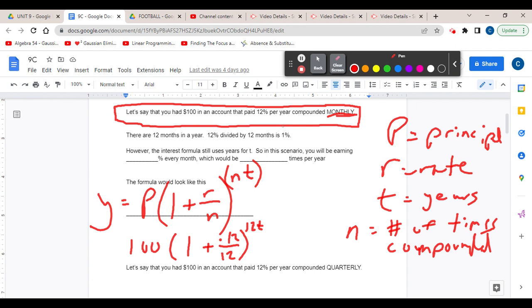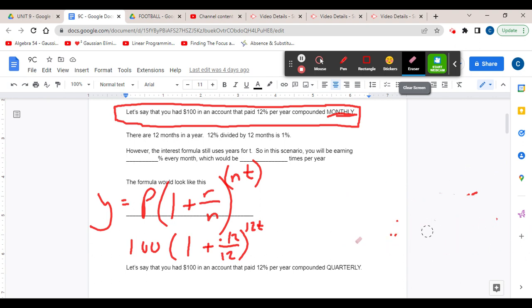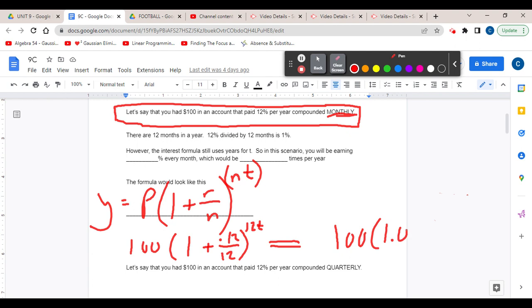When we simplify this thing out, it does exactly what we wanted to do. 0.12 divided by 12 is 0.01, so 1 plus that is 1.01. So this becomes 100 times 1.01 to the 12T power.